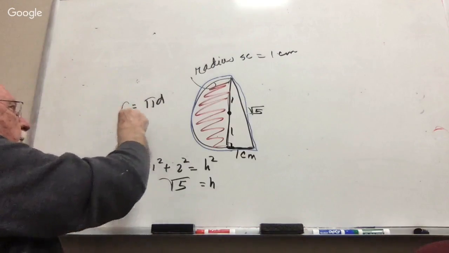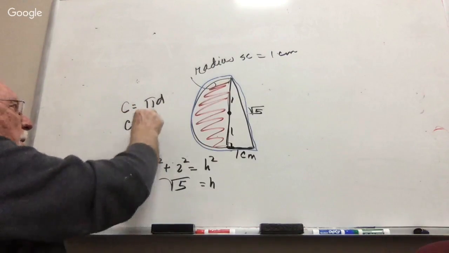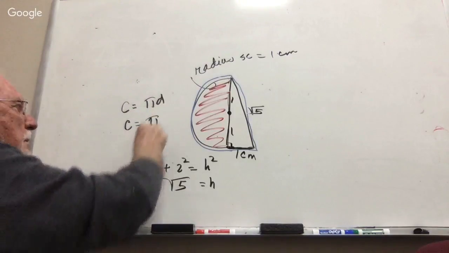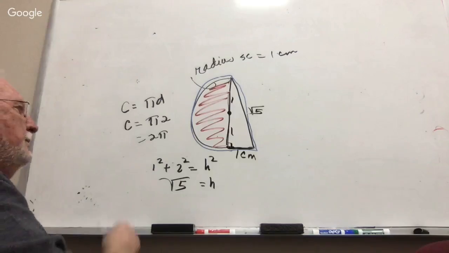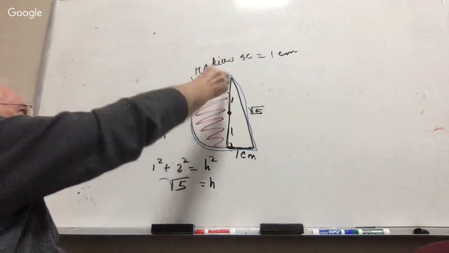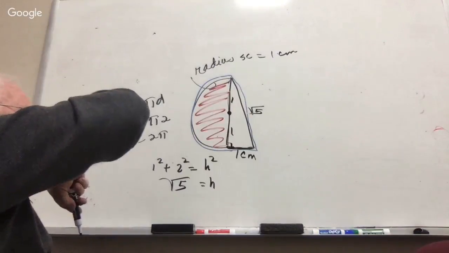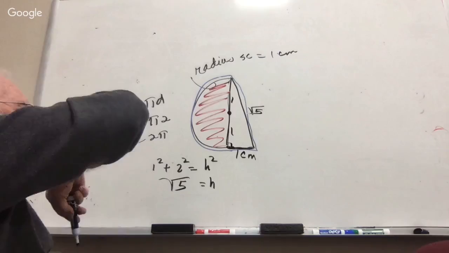So the circle then is pi times 2, or 2 pi, right? Yes. Now that's the circumference of the whole circle, so we have half of that.